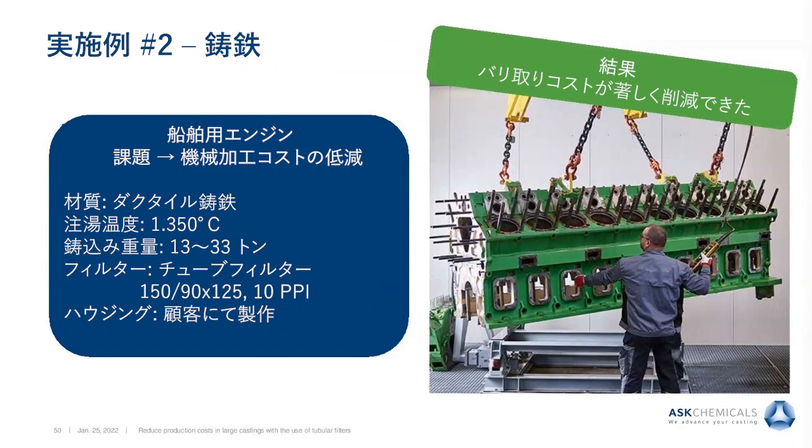We started at sizes of roughly 13 tons for one engine we cast, and after very positive experience and results using tube filters, the customer developed the use of this filter step by step up to engines of 33 tons with very positive results.